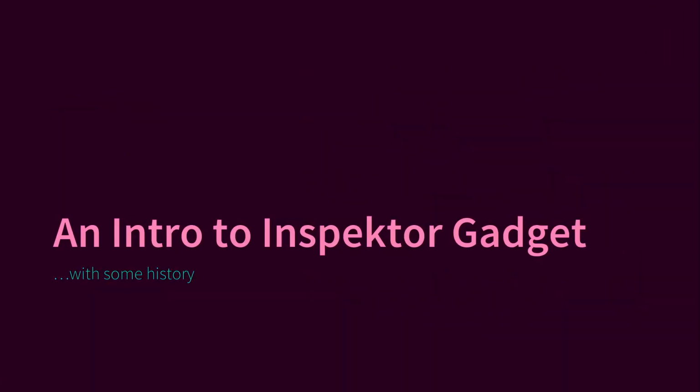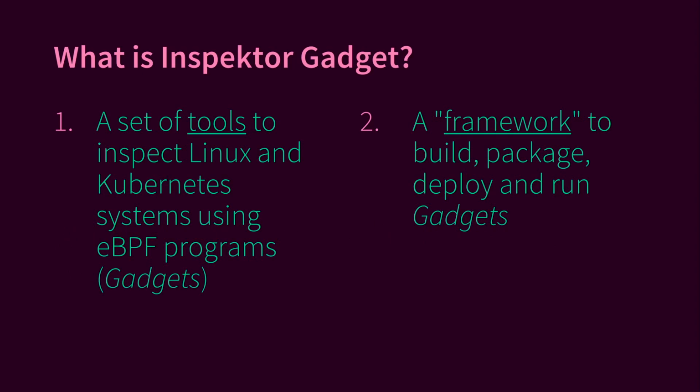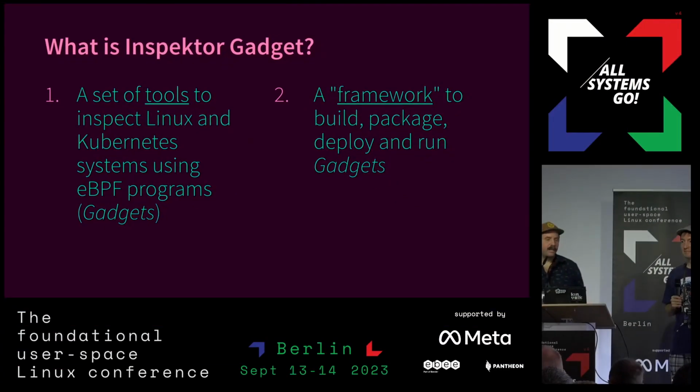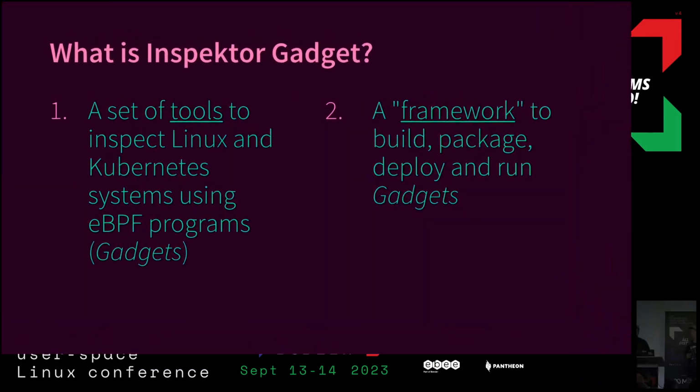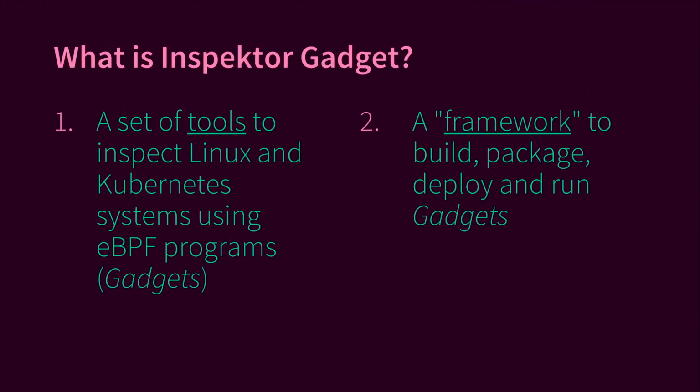So, intro and some history. Inspektor Gadget is a set of tools for Linux and Kubernetes for using eBPF programs. We call these eBPF programs gadgets because it's not only eBPF programs. It's eBPF programs plus some metadata plus some user space execution code, and it's also a framework, so you can build tools on top of it.